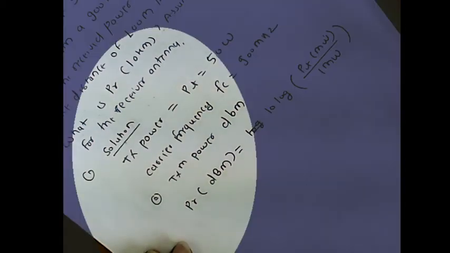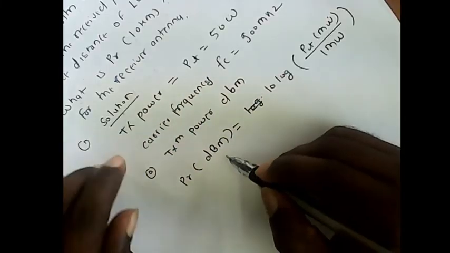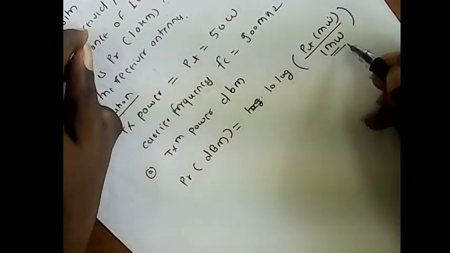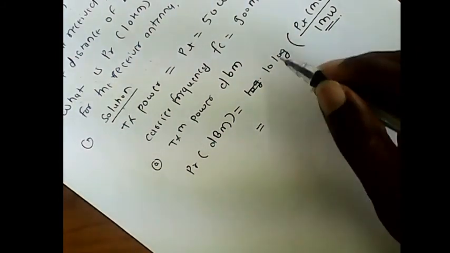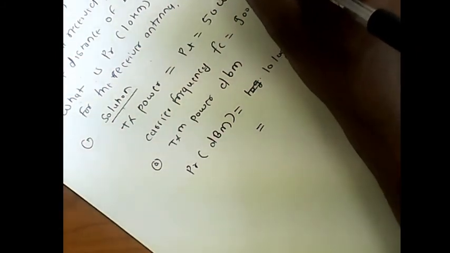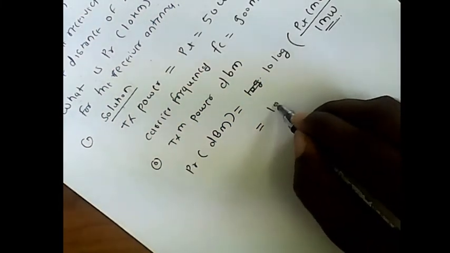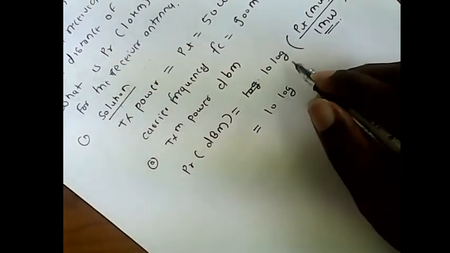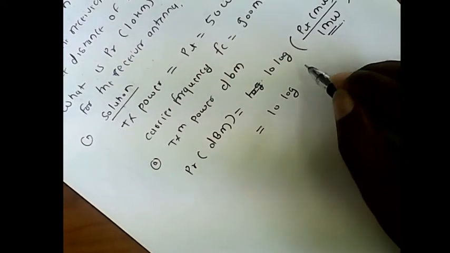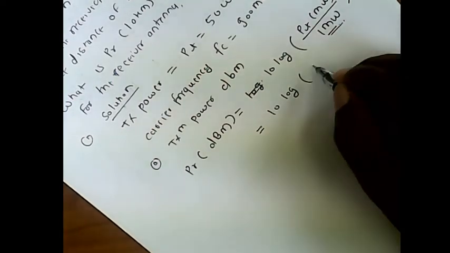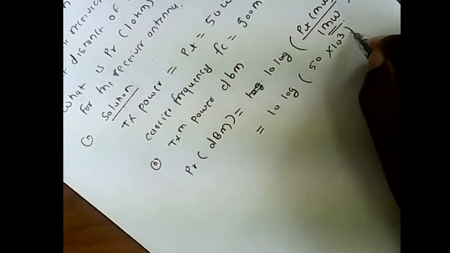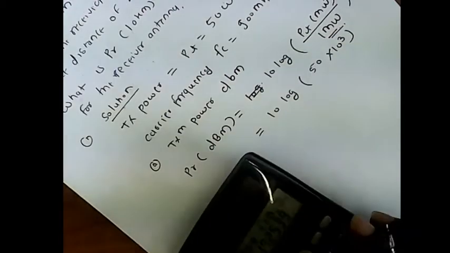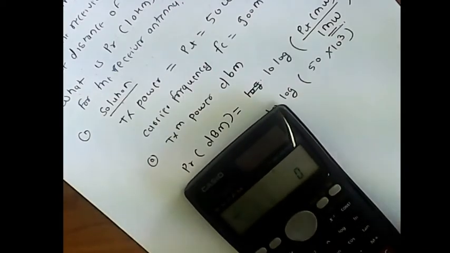So here the reference power, which is standardized, is considered 1 milliwatt. So this is an assumption that is already taken. We can put the values, 10 log 50 into 10⁻³ divided by 10⁻³, so we can calculate the transmitted power in dBm.